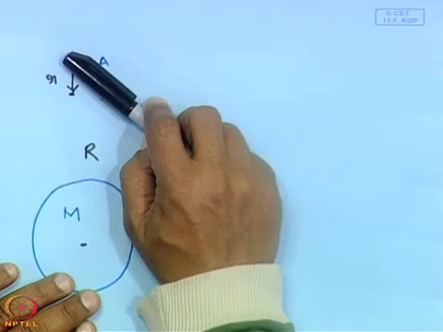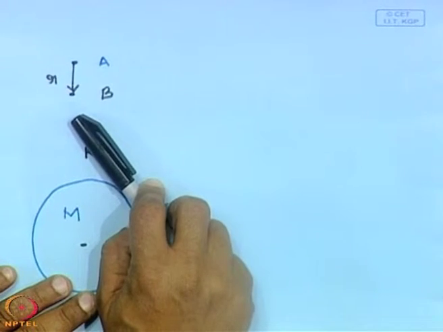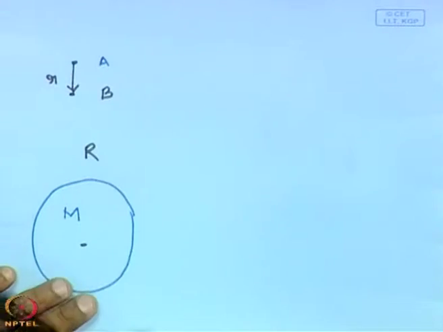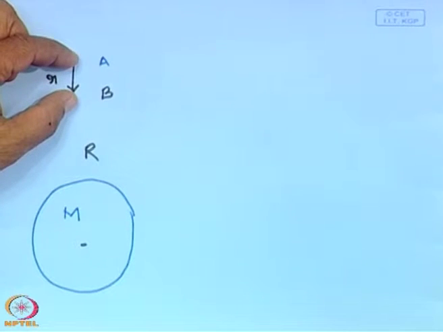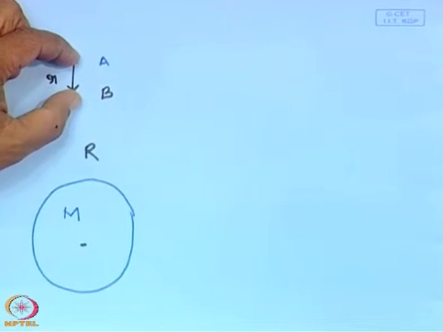What is the acceleration of B relative to A? That is, what is the second time derivative of this distance r?